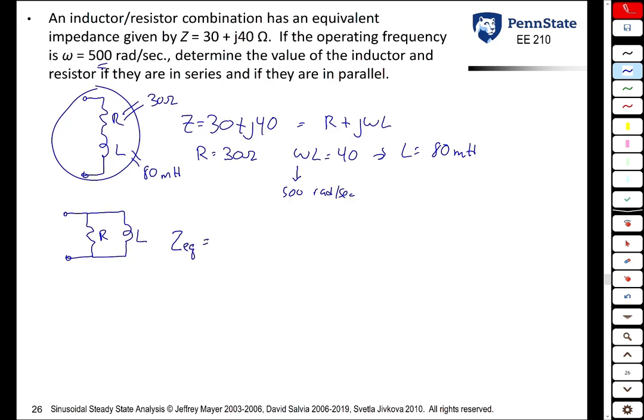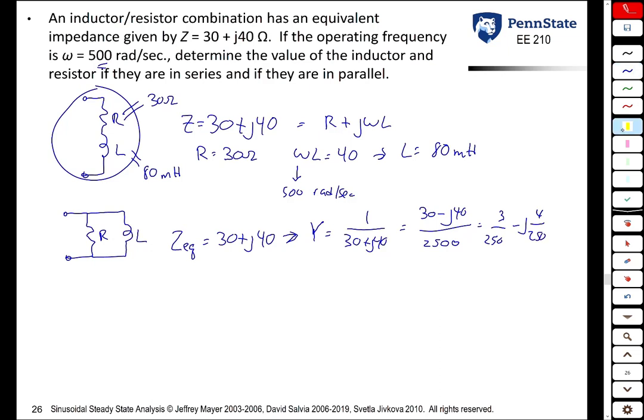So we know that Z equivalent is 30 plus j40, we're given that in the problem, that means that the corresponding admittance is 1 over 30 plus j40, which is equal to 30 minus j40 over 2500, which is equal to 3 over 250 minus j4 over 250.